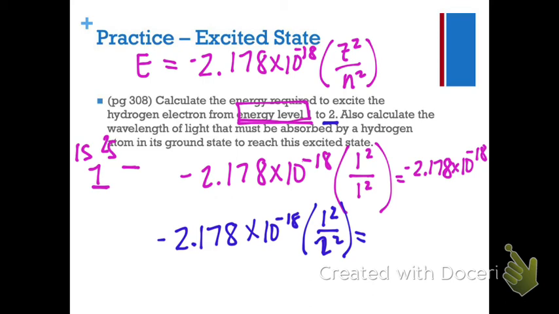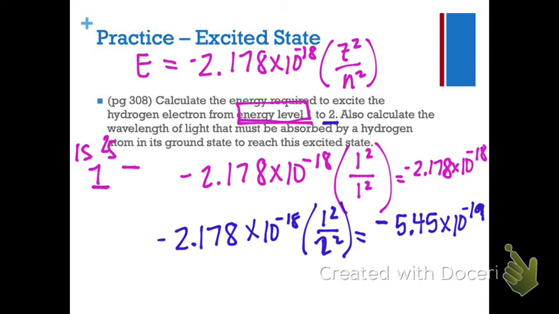We're going to have to take a fourth of that number: 2.178 times 10 to the negative 18th divided by 4 gives 5.45 times 10 to the negative 19th. Agreed? Okay, that's a 19, not a 17.